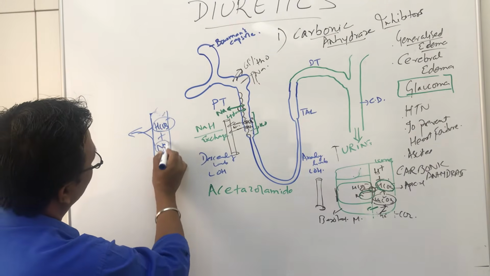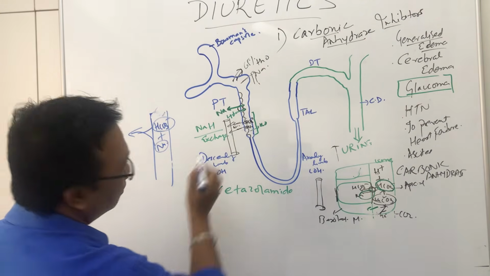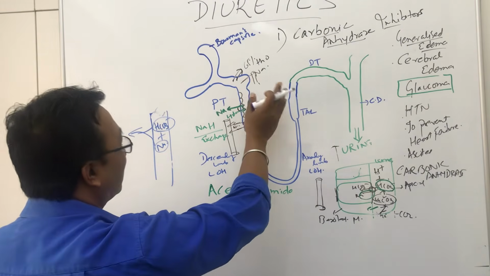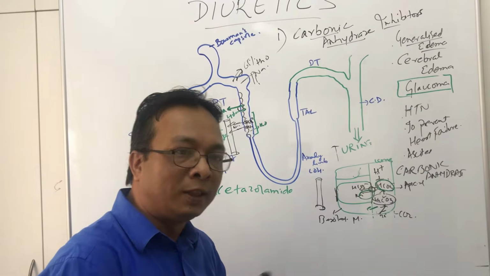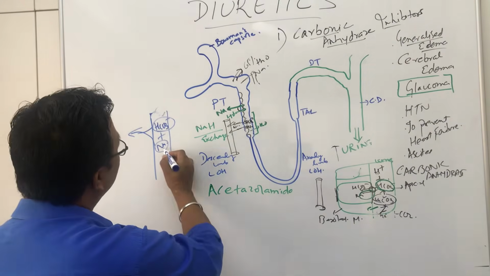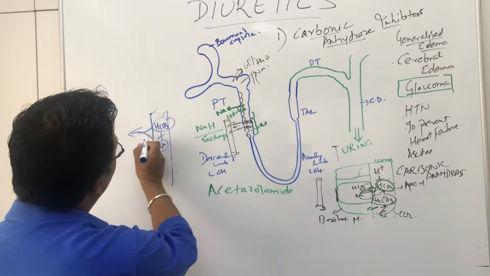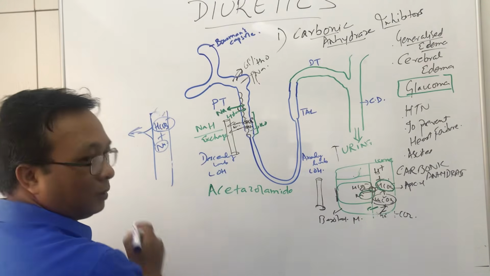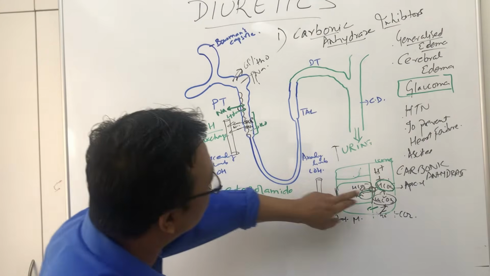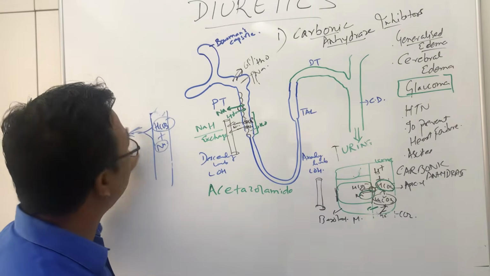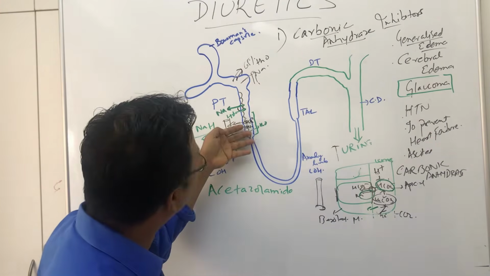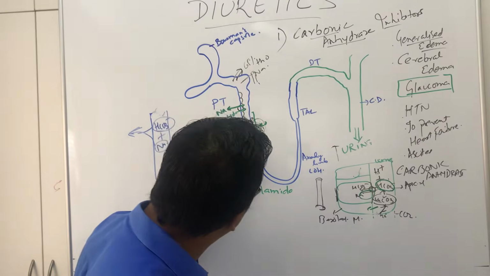This matters only in this part, because in the upper part sodium reabsorption takes place independently, it doesn't need bicarbonate. But in the lower part of the proximal tubule, sodium combines with bicarbonate and is reabsorbed. If we don't allow any formation of bicarbonate, sodium cannot be reabsorbed. As a result, sodium will pass in the urine. Sodium is an osmotic particle, it will drag water molecules.